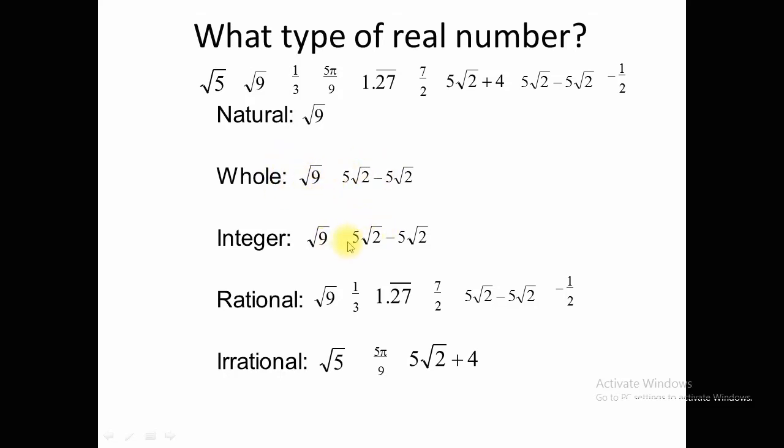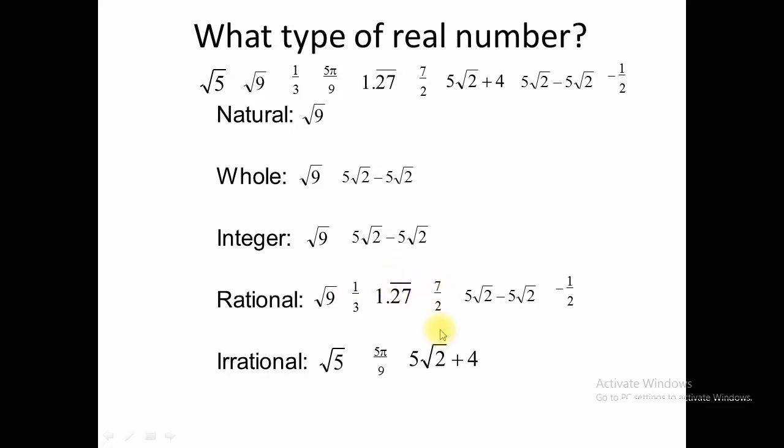Now, under root 9 and this result equal to 0, and 3 are also integers, which are also real numbers, and all these real numbers: under root 9, 1 over 3, 1.27 bar. What does bar mean? In the next coming slide I will tell you about this bar symbol.